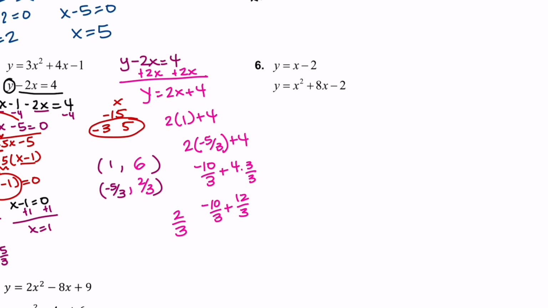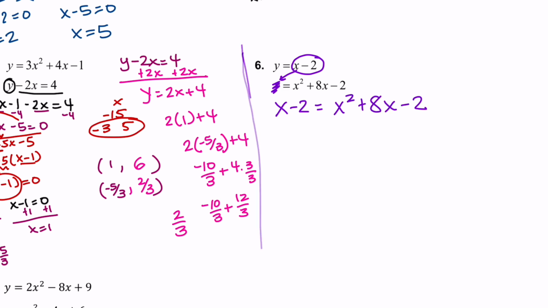Number 6, we're going to take our y equals x minus 2, so we're going to substitute it in for the y of the other equation. So we're going to say x minus 2 equals x squared plus 8x minus 2. We have an x squared and an x, so we want to set it equal to 0.